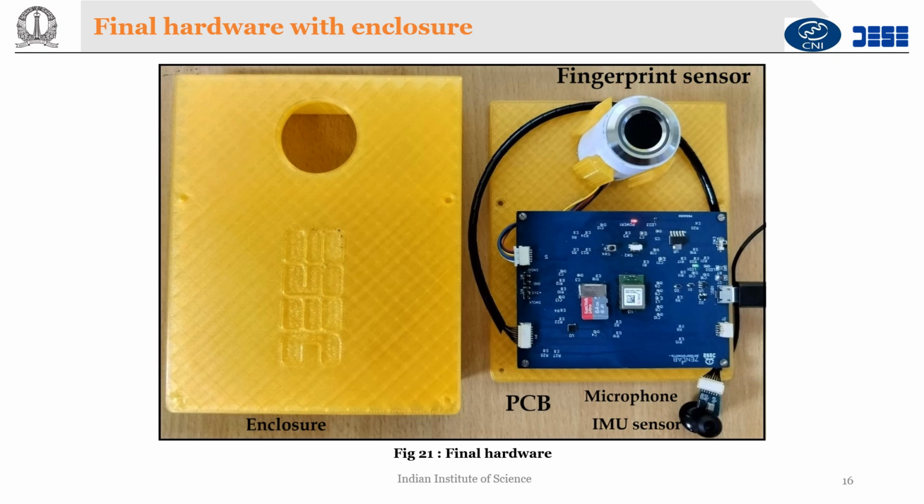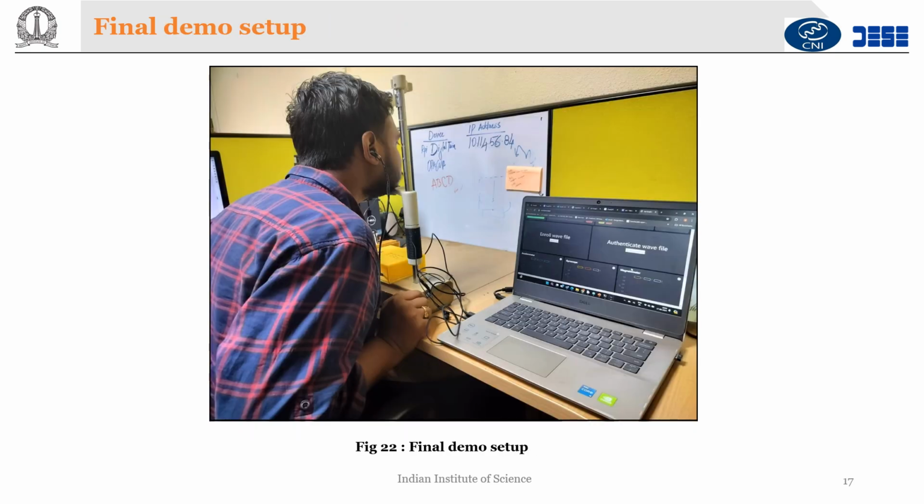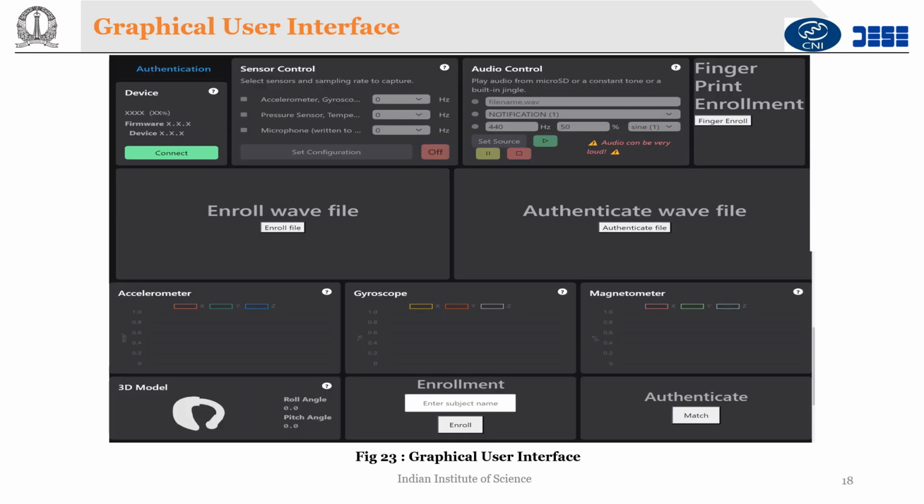And this is the hardware, and this is how we are taking the readings from a subject, how we are trying to authenticate a person by sending signals into the ear, and also by collecting the fingerprints and authenticating. And this is the GUI which we use for connecting with the device and to operate the entire board.